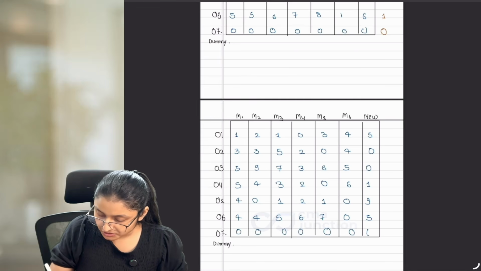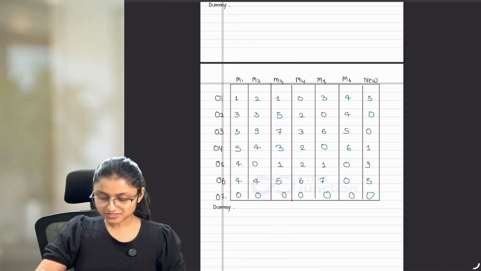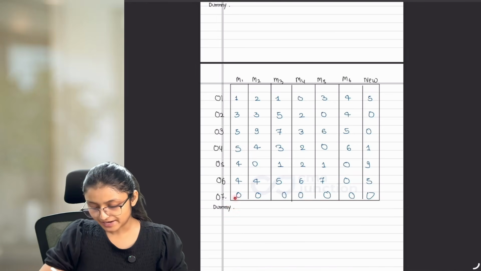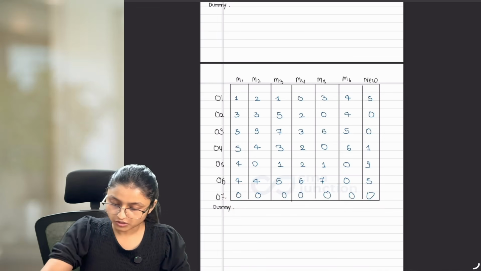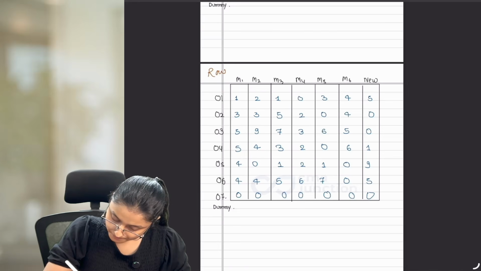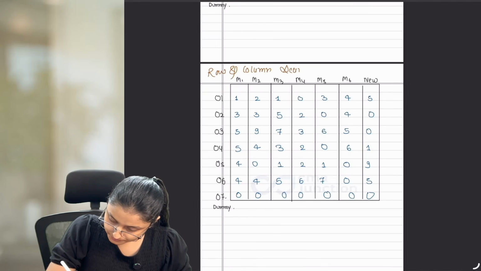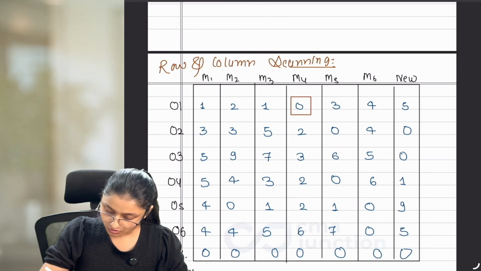Now tell me, is there any need of doing column operation here? Because every column already has 0, there is no need of column operation. We can directly move to row and column scanning. In the first row we have 1 zero, mark it with a square and cut the column.